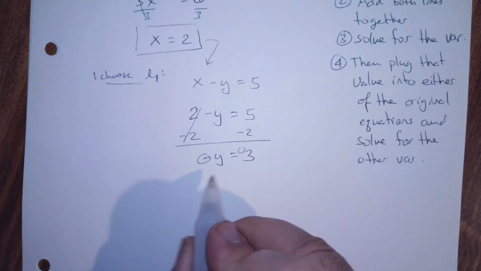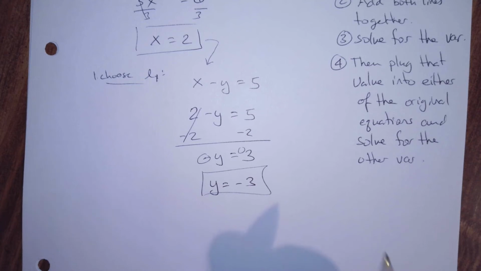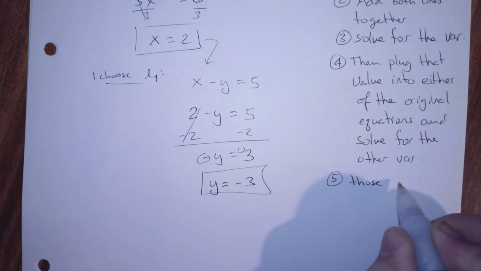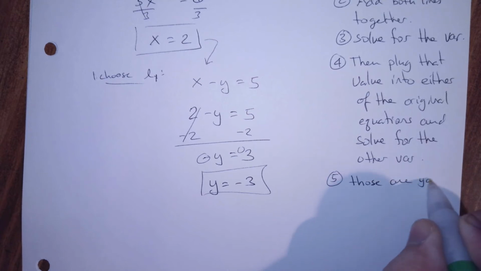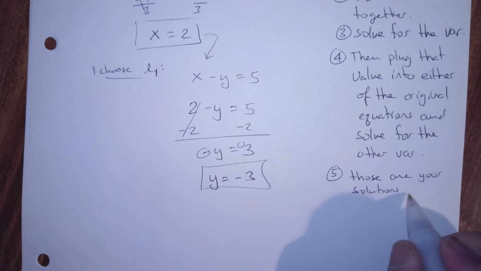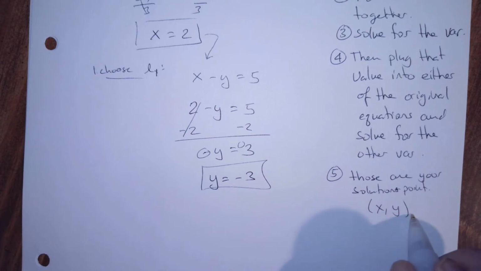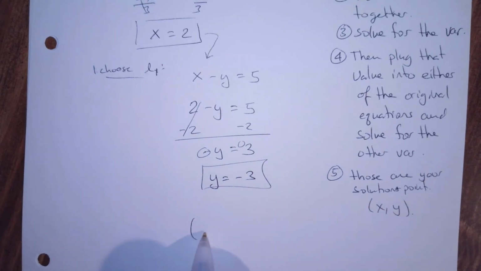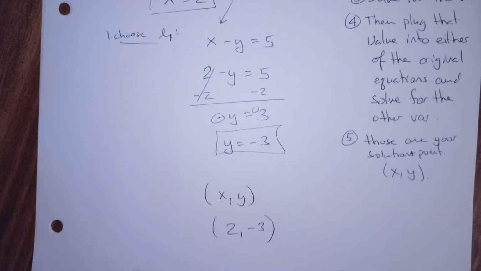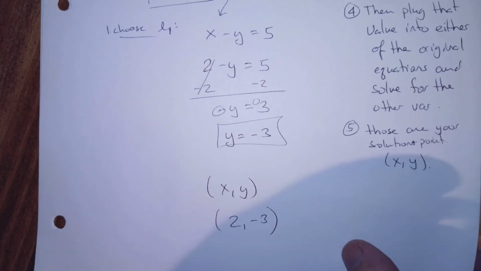Change the signs, so y is equal to negative 3. Those are your solution points. We have an x and a y. As we see from all the methods, they all cross at the same place.